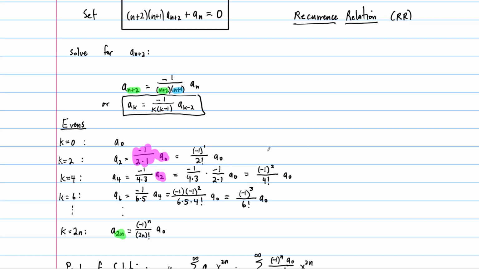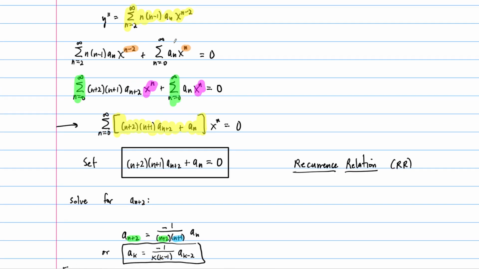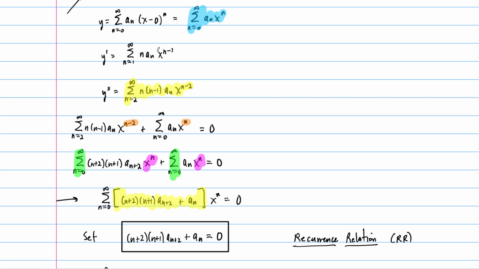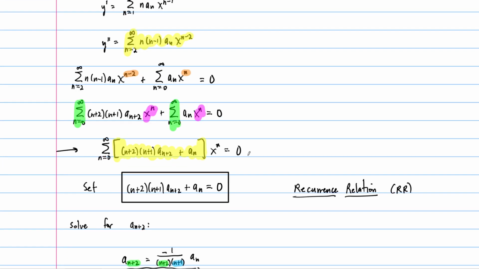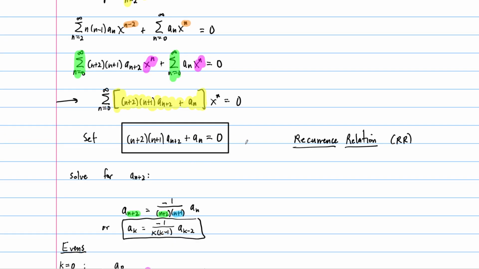But hopefully this example, as simple as it is, illustrates the process of how we want to use our power series and what we have to do to find our power series solutions, right? I'm going to write this all down in a moment, but basically we take the derivatives, we plug them into the differential equation, we combine it into one power series equation, if possible. We'll see examples as we move forward where you maybe have a couple terms that are outside the sum, but then you set all those equal to 0 to get your recurrence relation.